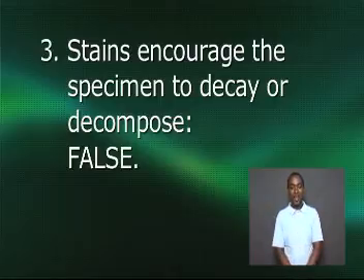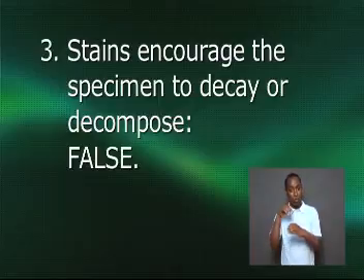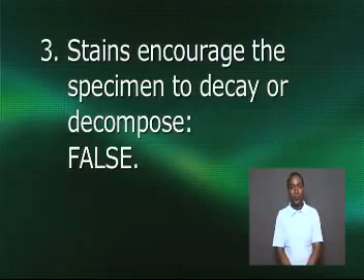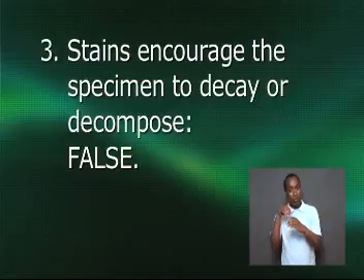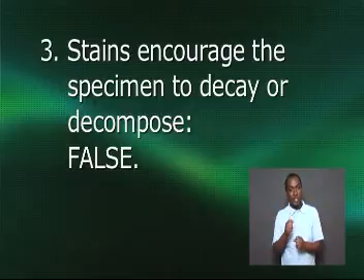Stains do not encourage the specimen to decay or decompose. By applying stains to a specimen, it makes it easier for the observer to view the specimen, and it prevents it from decaying.